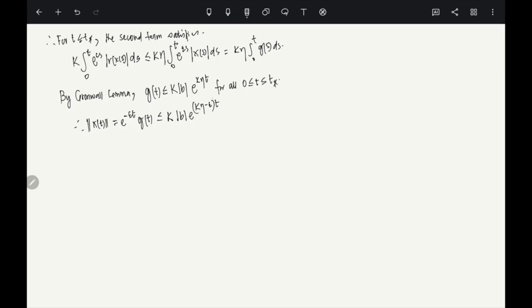If this is true, then this can be made less than delta. As t tends to infinity, this is small, so we can write it as less than k times this.